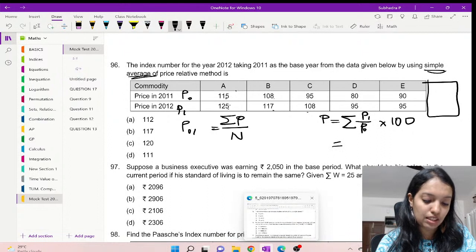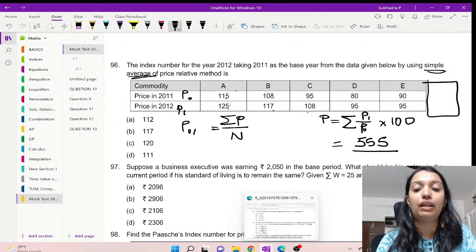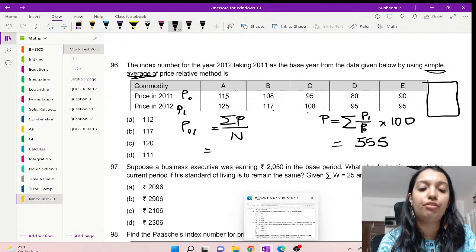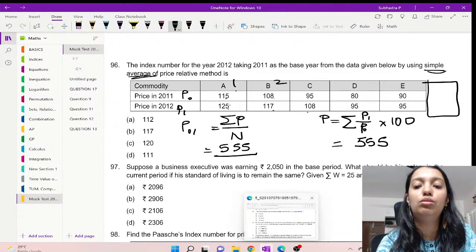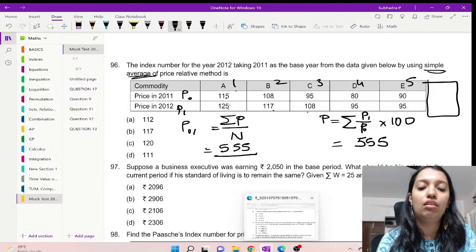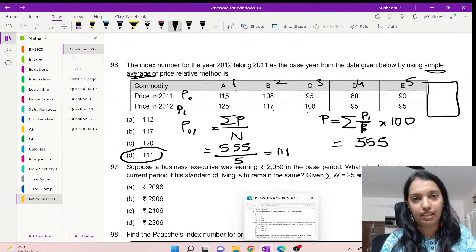You will get 555 divided by, what is n value? Count 1, 2, 3, 4, 5. So your answer is 111, which is option D.